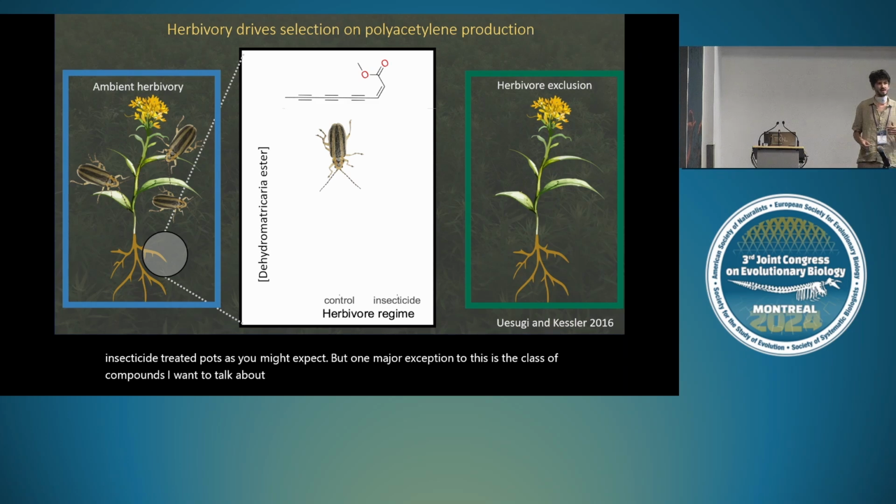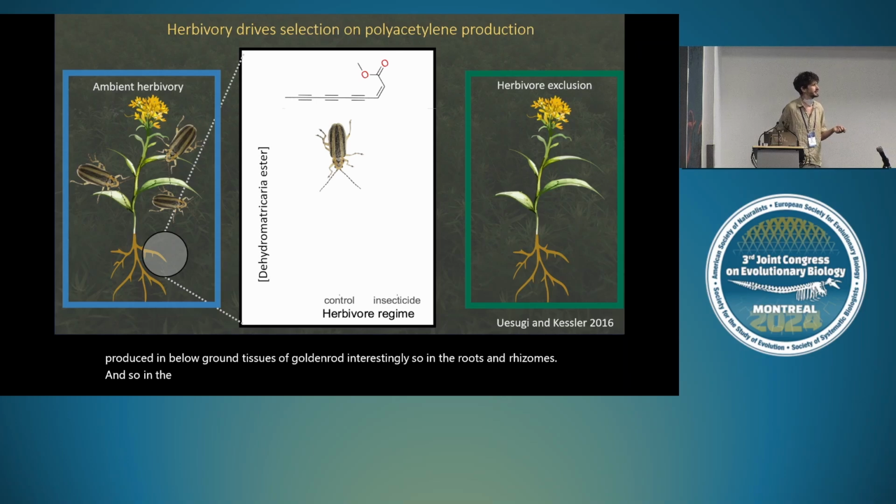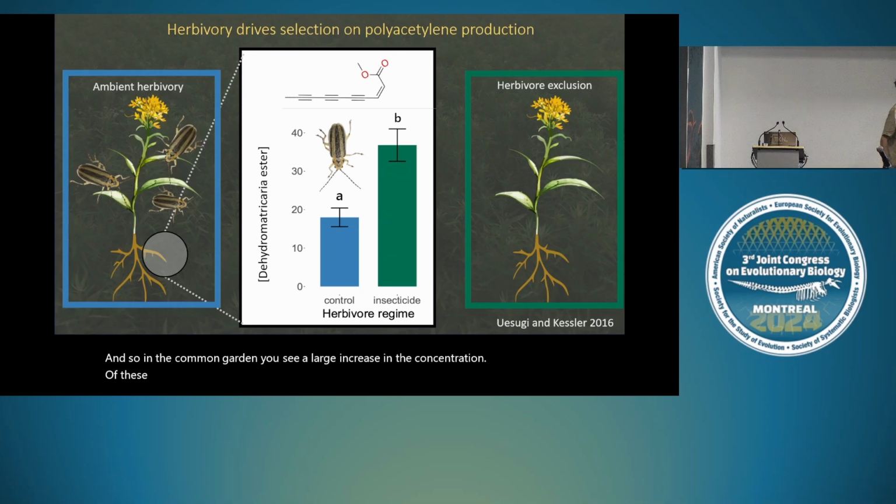So these are the polyacetylenes, which are only produced in below-ground tissues of goldenrod, interestingly, so in the roots and rhizomes. And so in the common garden, you see a large increase in the concentrations of these compounds in plants sourced from the insecticide-treated plots. So it seems like herbivores drive selection on the expression of this trait.